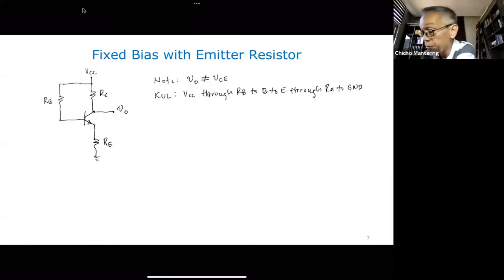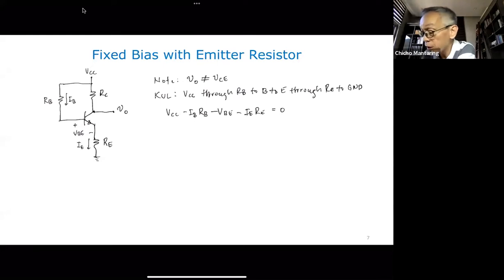So what do we have? This is IB. You have VCC minus IB RB minus VBE minus IE RE, since the current now flowing here is IE, equal to 0.